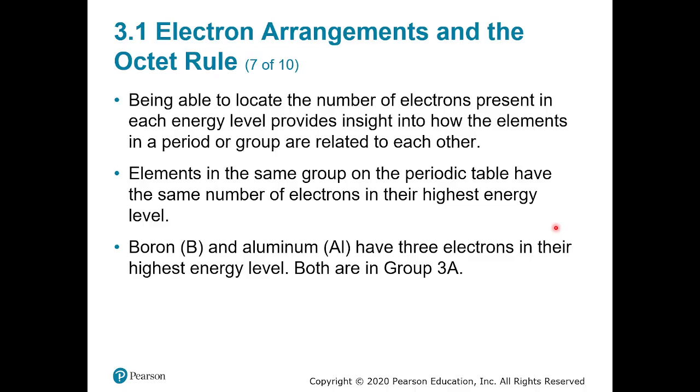The stuff on the inside, past those outer electrons, is going to be very hard to get to, right? And so you're going to have very little interaction with those. Boron, B, and aluminum have 3 electrons in their highest energy levels. These are both in group 3A. They tend to have 3 electrons. They're going to do things like bond, they'll lose those electrons, etc.